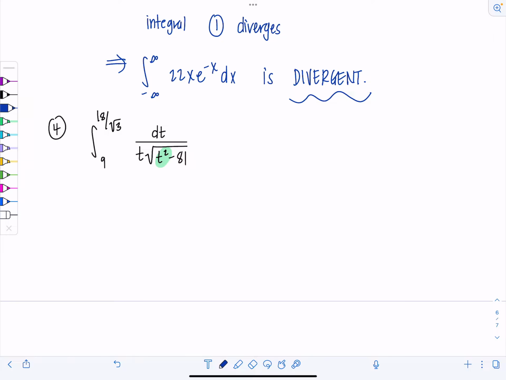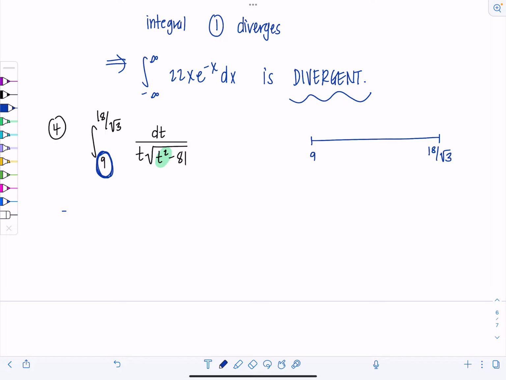So I want to rewrite using a limit and get rid of the 9. What to do? Well, you have to decide which side you're approaching from. The limits of integration are from 9 to 18 over rad 3. So I'm going to replace 9 with a dummy variable. I can't use t because that's the variable for the integrand.